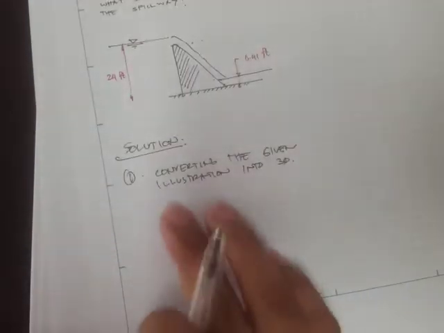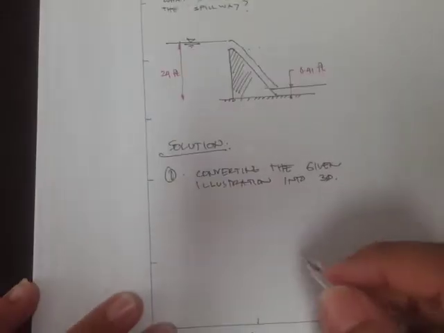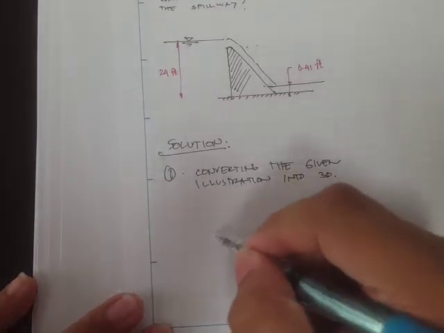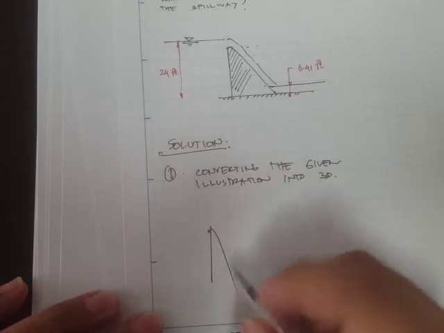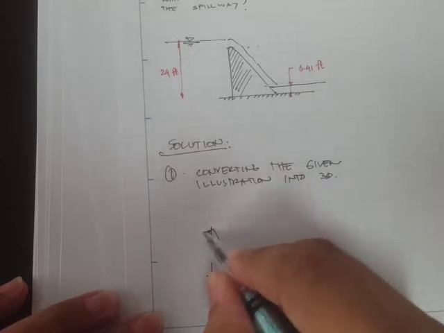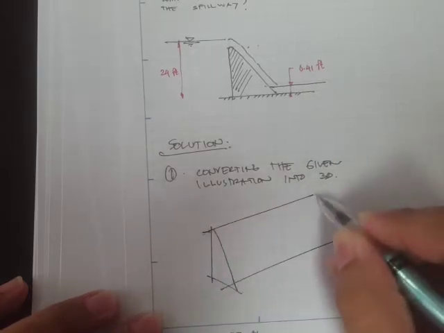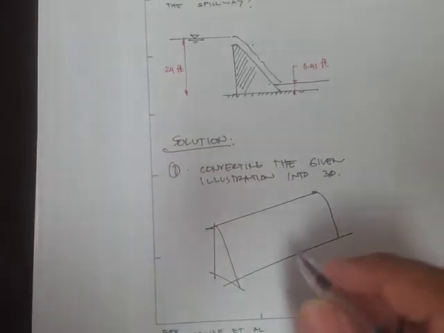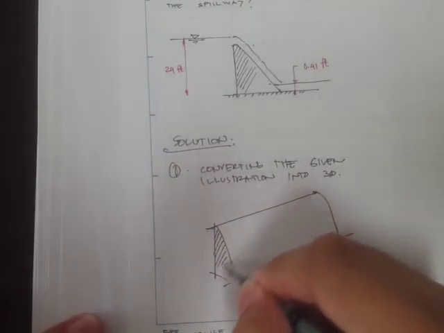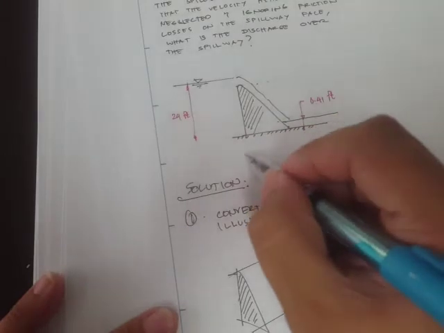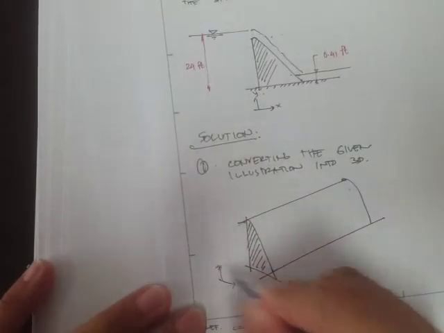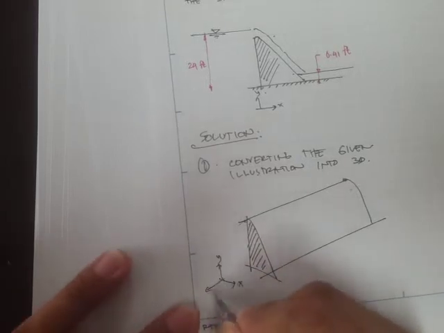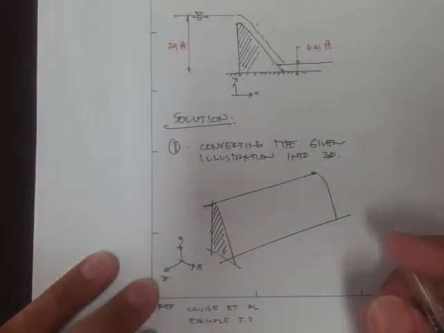Okay, so now let's draw. Now, let's say this is our spillway, and we have 50 feet, something like this. And if this is the XY view, we'll have a view like this, XY, and then this will be our Z-axis.